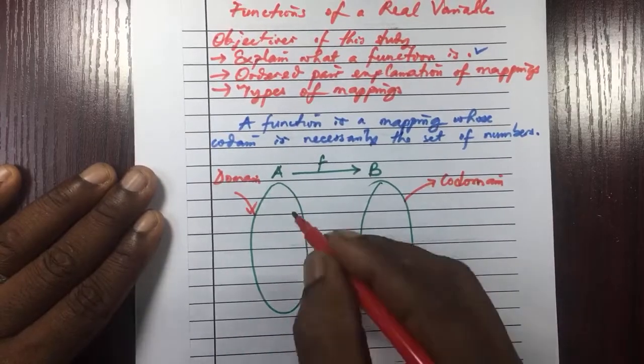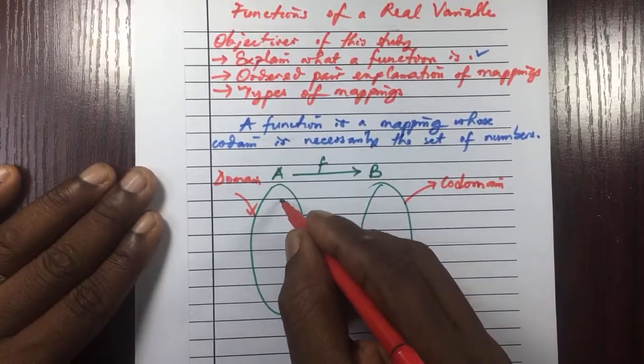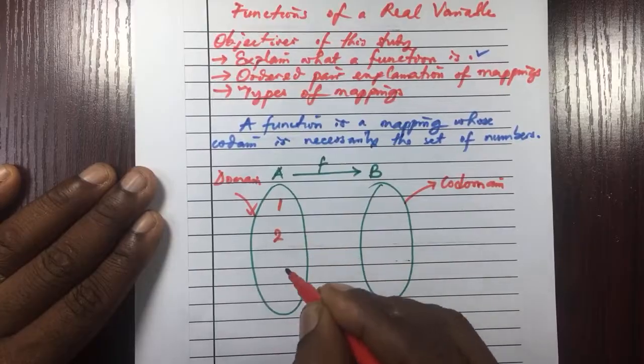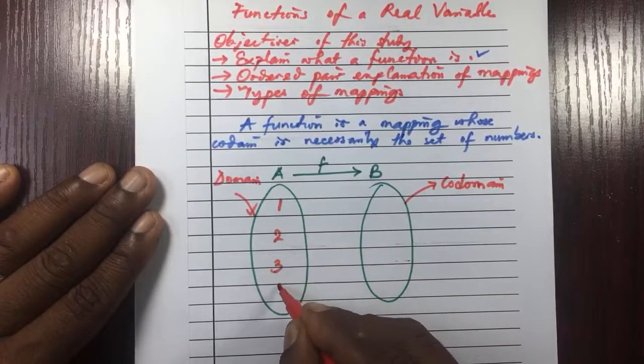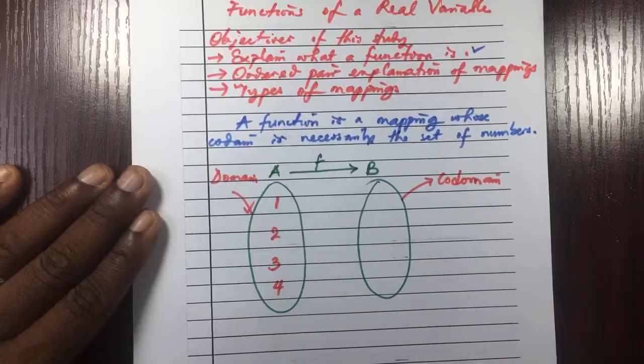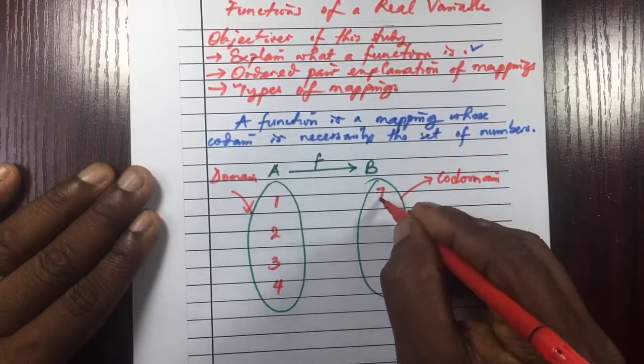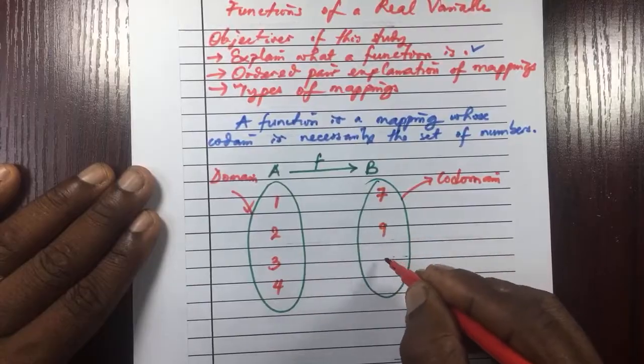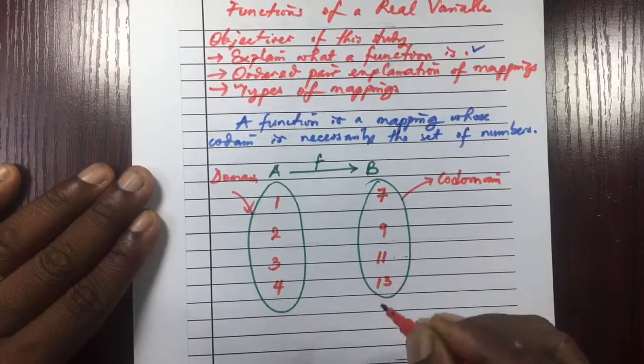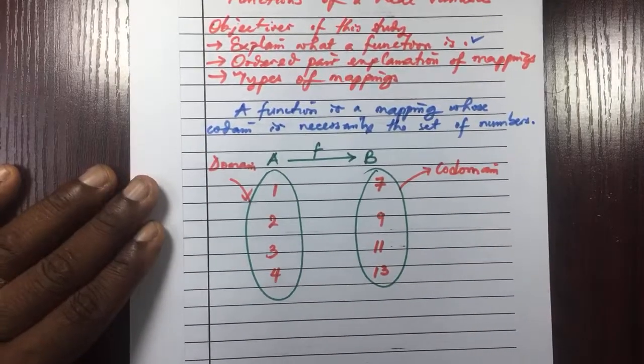Let's consider putting elements 1, 2, 3, and 4 in A. And let's consider putting elements 7, 9, 11, and 13 in B. Okay?